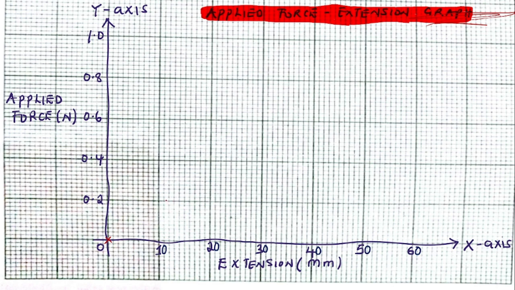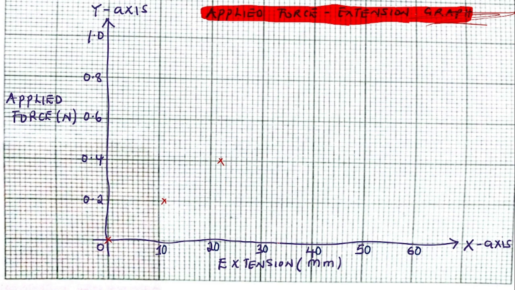Next point, 11,0.2, that is here. Next point, 20,0.4, that is there. A second point there was 22,0.4.